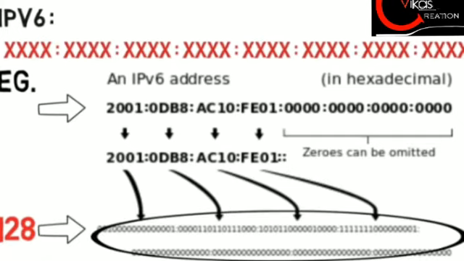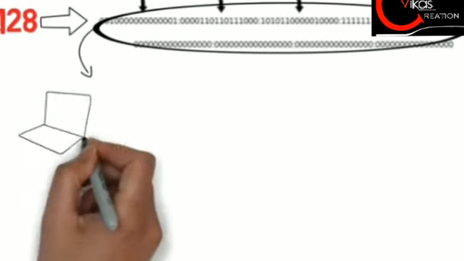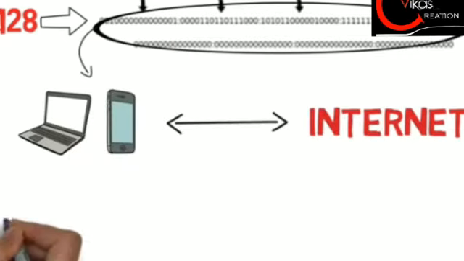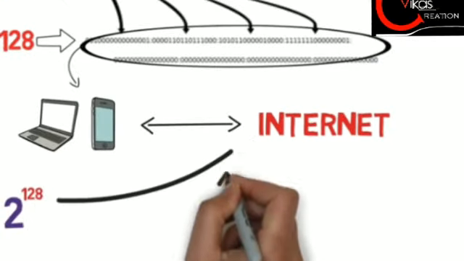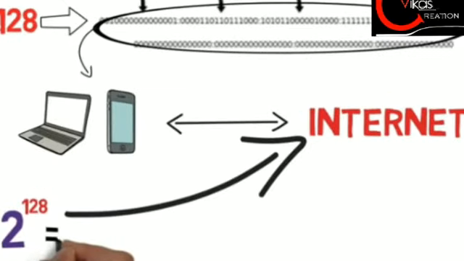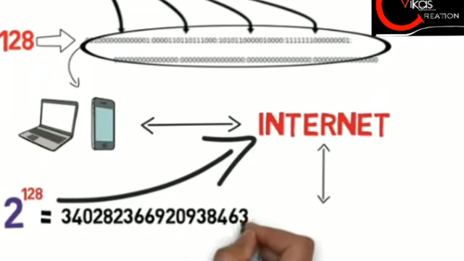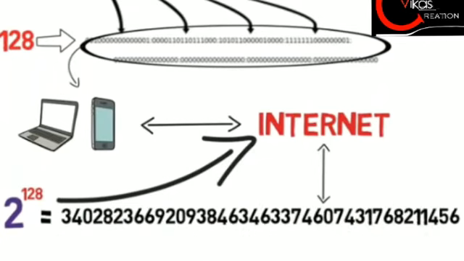Since a unique sequence of ones and zeros is given to each computer connected to the internet, with IPv6 a total of 2 raised to the power 128 devices can be connected to the internet. That is, IPv6 can address this amount of devices, which is actually far more than enough for many future generations.